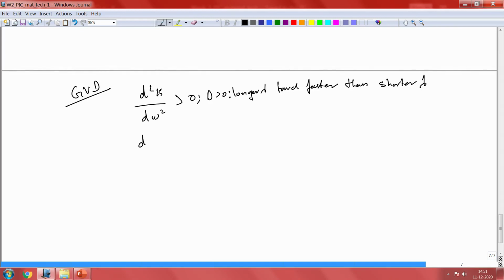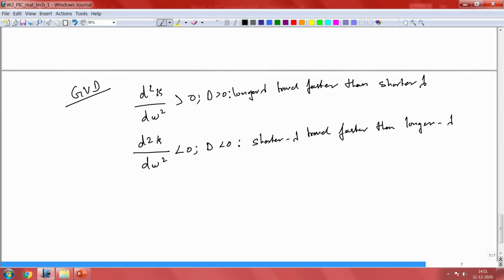Now the other condition could be negative, where your D is less than 0, then shorter wavelengths travel faster than longer wavelengths. So you can have both.